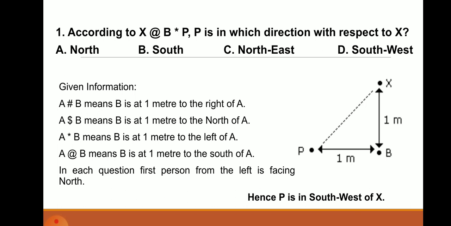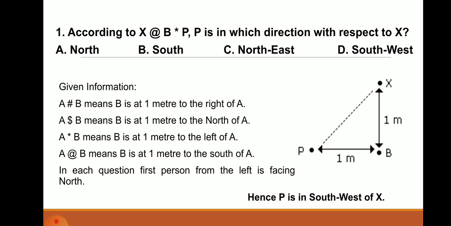Now here we have to use the given symbols and notations in this question. A at the rate B means B is 1 meter to the south of A. Similarly, for this question, B is 1 meter to the south of X.